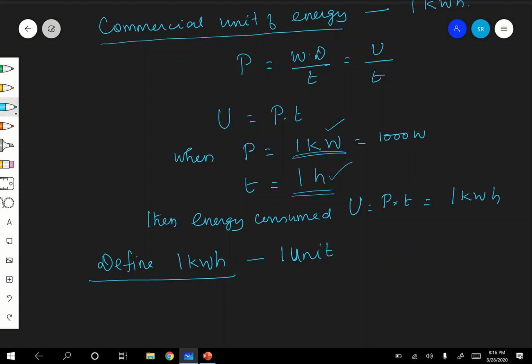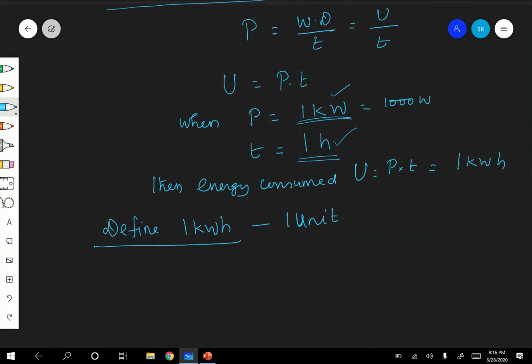So this is about 1 kilowatt hour. How to convert it into joule? Actually, the SI unit is joule, but the commercial unit of energy is kilowatt hour. This is not new to you. 1 kilowatt is 1000 watt. See, you know that watt second is nothing but joule. Joule per second is watt. So for 1 kilowatt hour, you have to convert it to watt second.